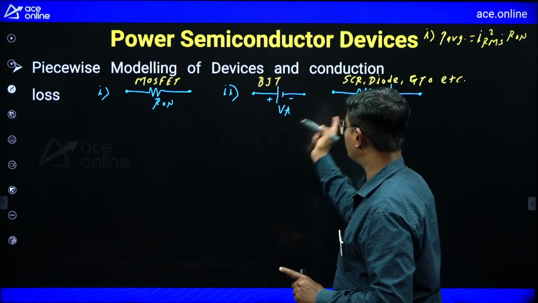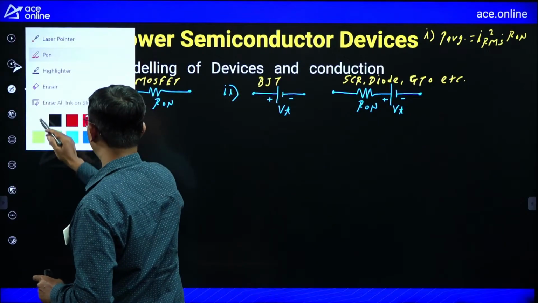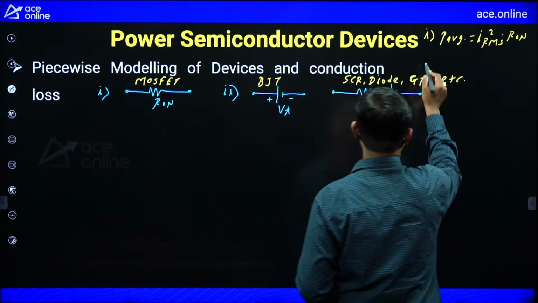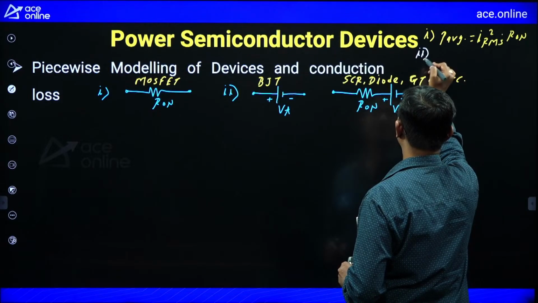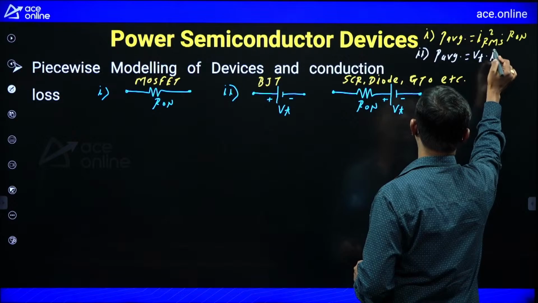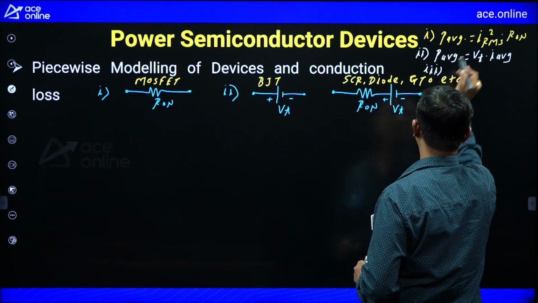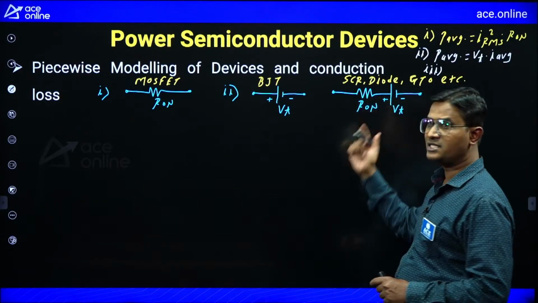Okay, right. So for the second model, the power loss expression: P average is equal to Vt into I average. And for the third model, it is the addition of these two, because the third model is Vt in series with Ron.